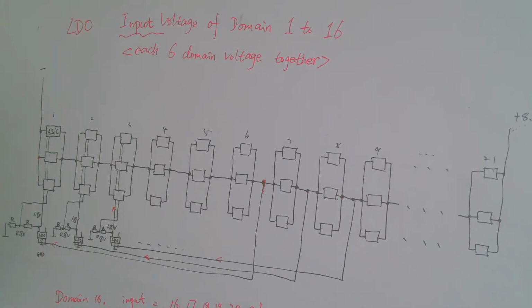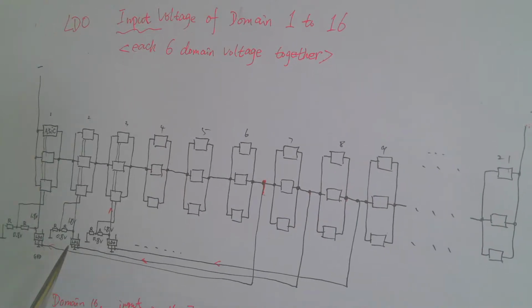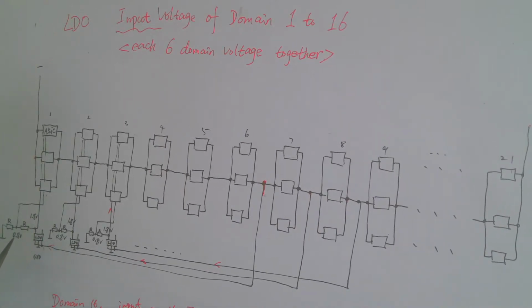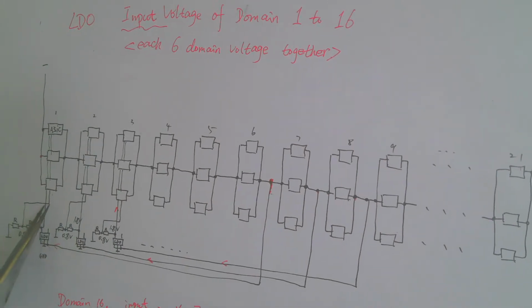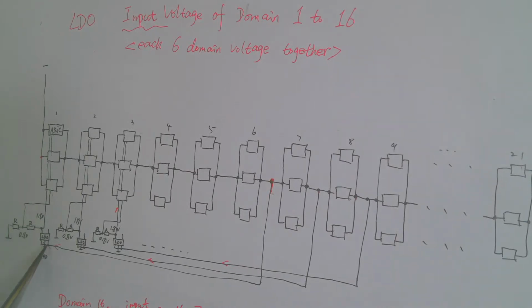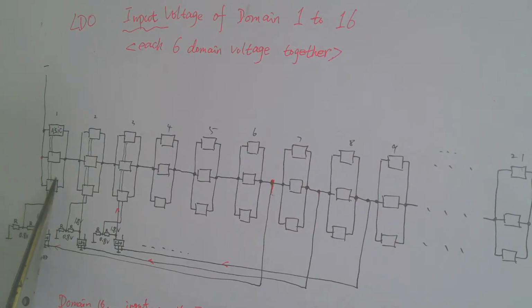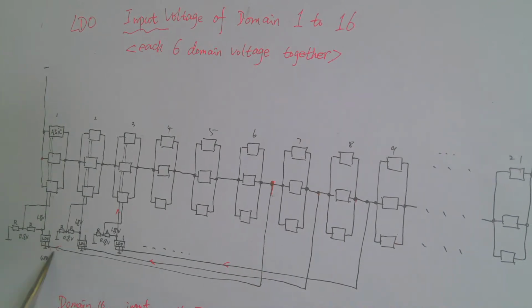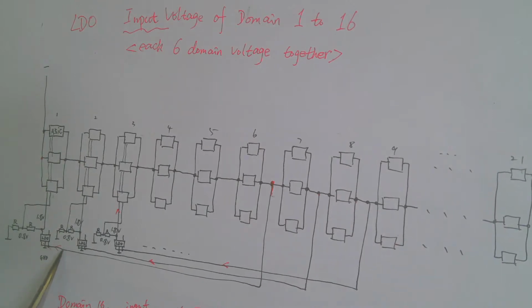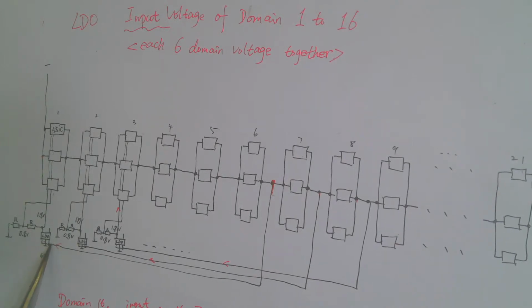For the S9 hashboard, every 6 domain voltages are added together as the input voltage of the LDO here.